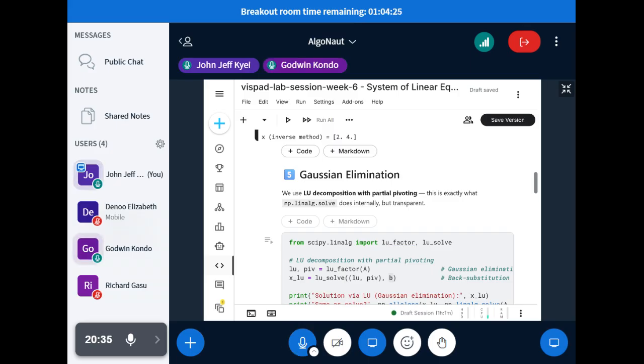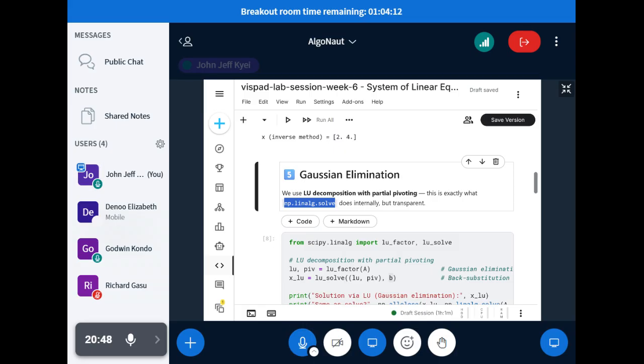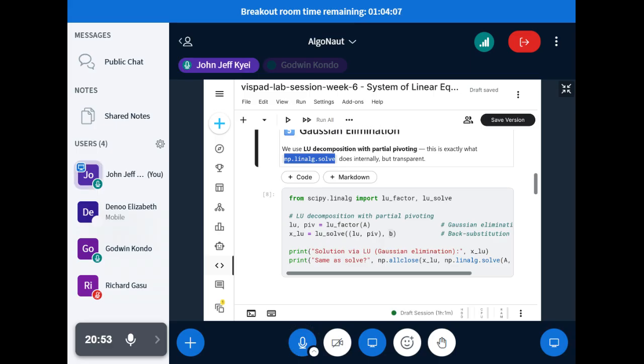And this is what np.linalg.solve does. That's the best approach to solving. We'll see how that works, and then we'll use that to see the outputs. This is how it breaks it down.